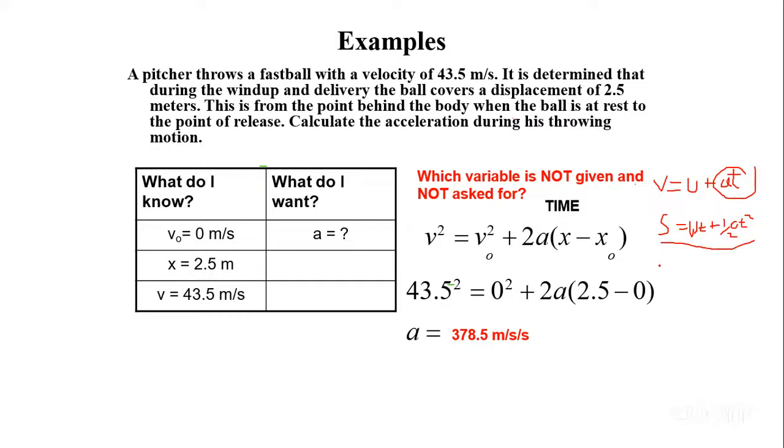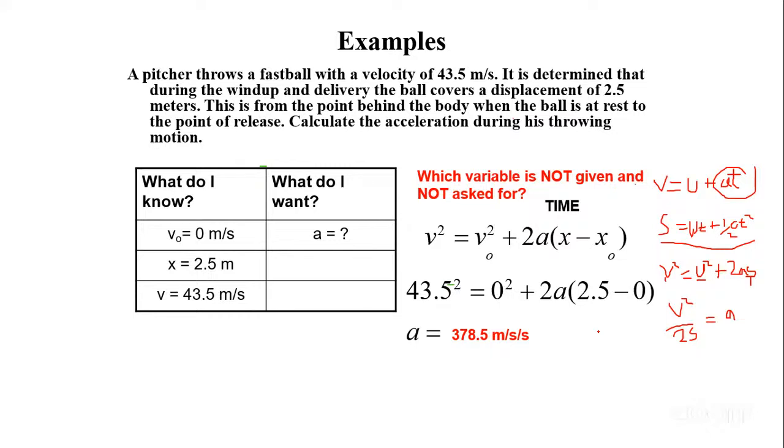So the only one that you can use is v squared is equal to u squared plus 2as. Here we know the initial velocity is 0, s is given, v is given, so we can substitute and make a the subject. So this will be v squared over 2s is equal to a.